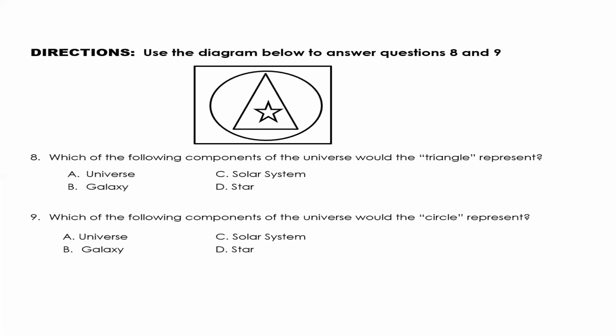For number 8, I think your question said, for my people in person, had star. So for number 8, your answer was star. You didn't have the triangle, but you did have the circle, which would be the galaxy. So it was universe, galaxy, solar system, and star.